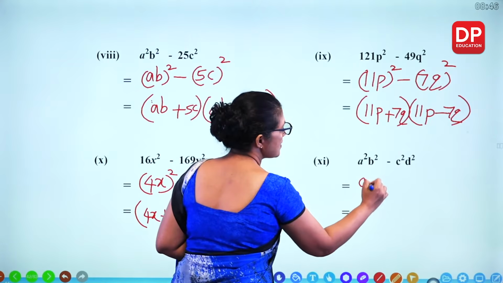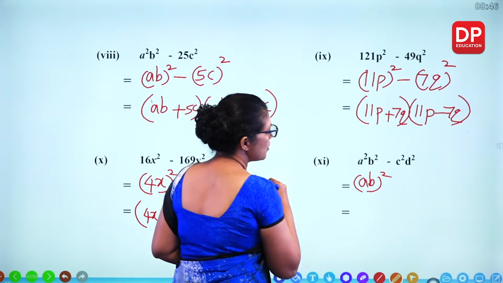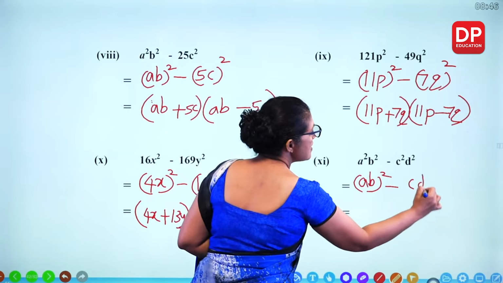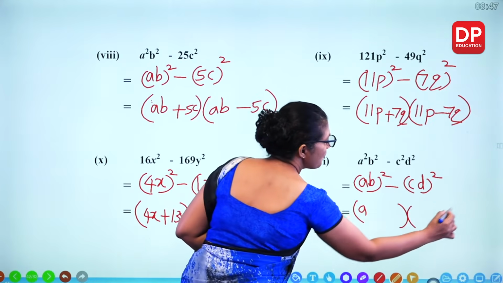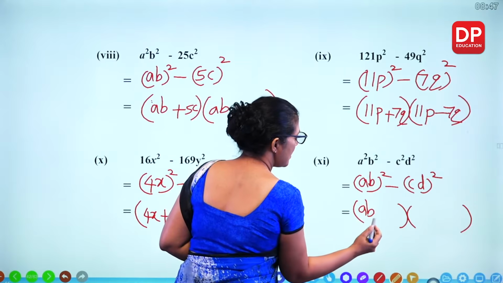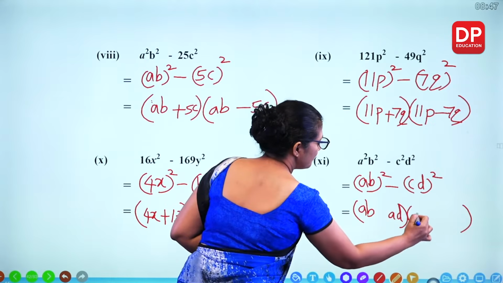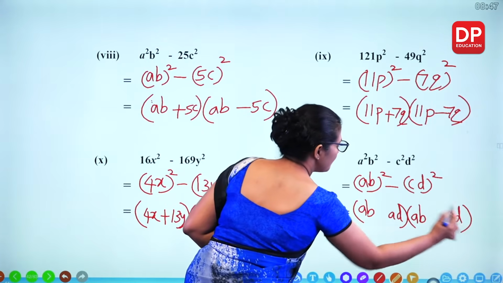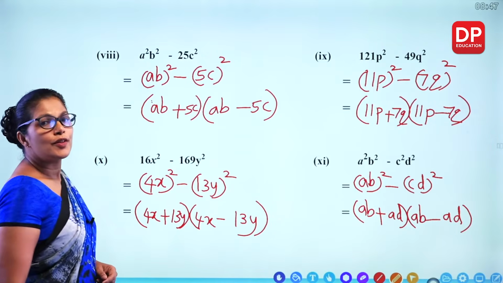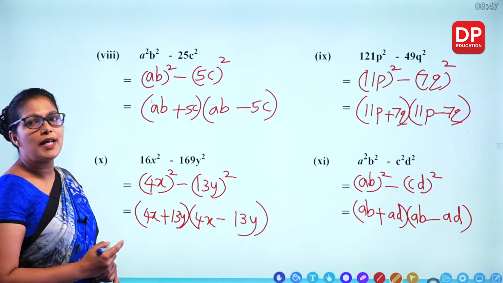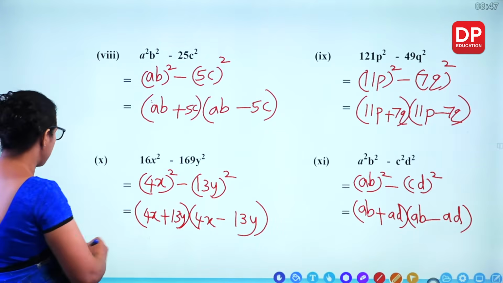Here also write as a square term AB whole thing squared and CD whole thing squared. One is positive, one is negative. This is plus, minus. So here we use difference between two squared terms.